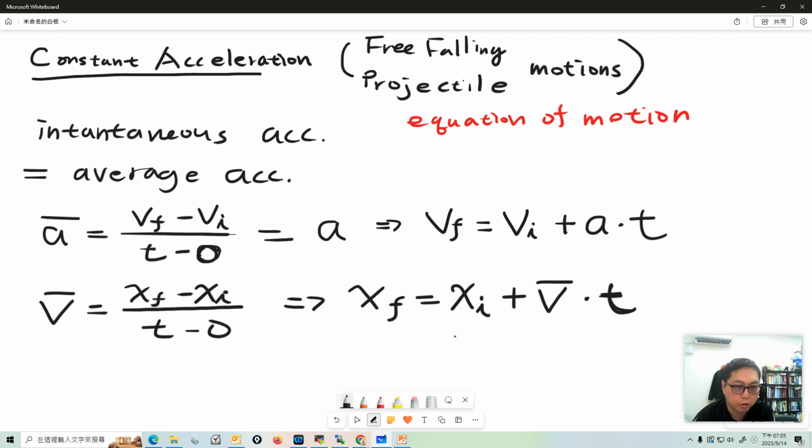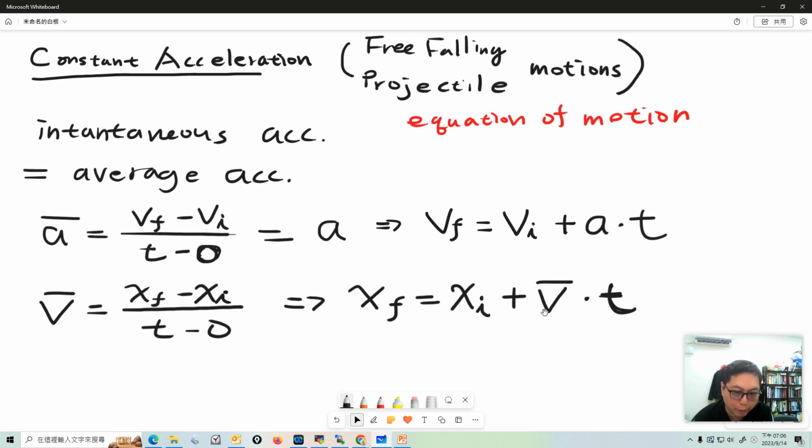The equation of motion is a relationship between position, velocity, and acceleration. Right now for this xf, the final position is equal to initial position plus velocity times t. We only have information for position and velocity. There is no information for acceleration.